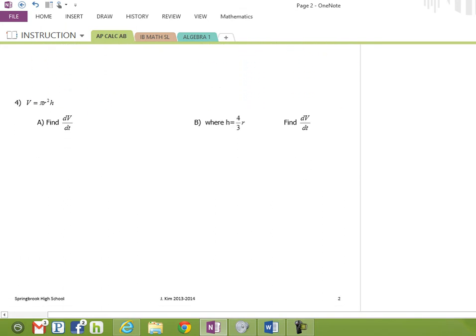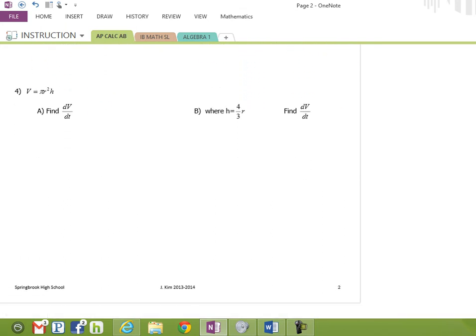Alright. Number 4. We're going to do this in terms of t, which is interesting because there are no t's to be found. This makes number 4 a lot harder because now you actually have to do a product rule, because now r and h are both variables, and if I'm doing two different variables being multiplied, I'd have to do a product rule.